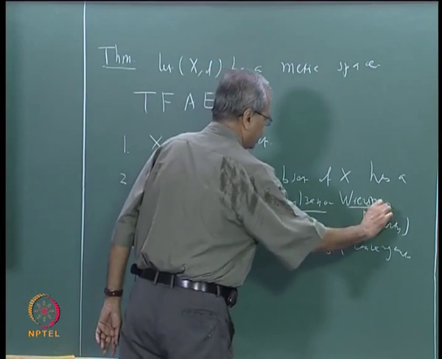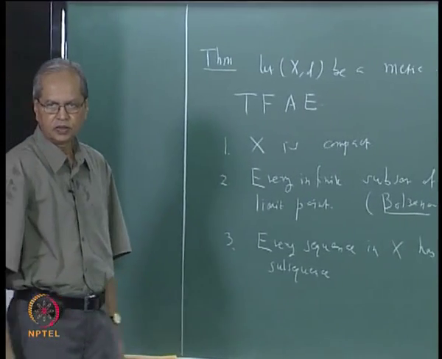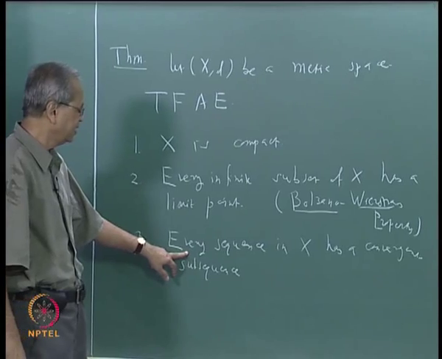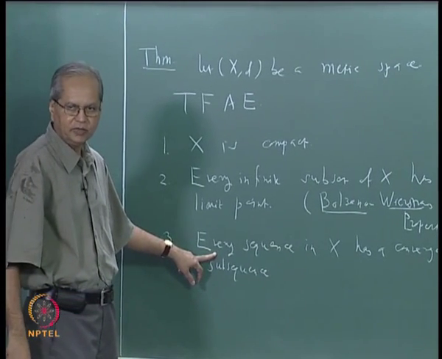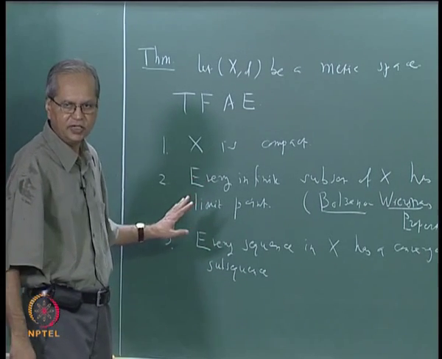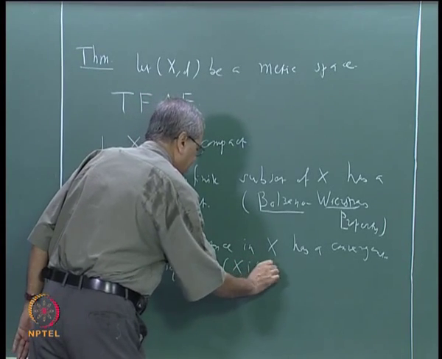This property is described by saying that X is sequentially compact. If a metric space has this property that every sequence has a convergent subsequence, we say that X is sequentially compact. So there is another way of saying the same thing: X is sequentially compact.